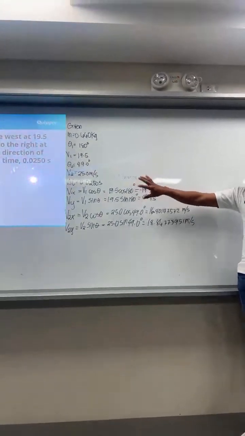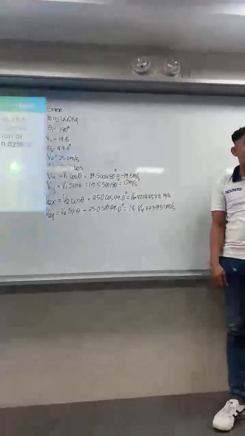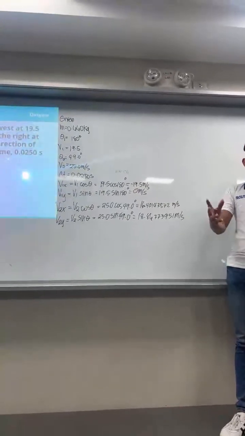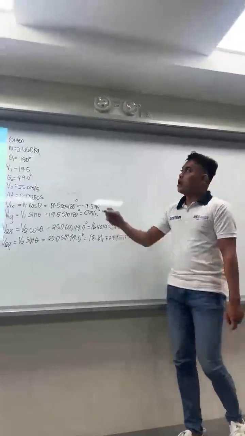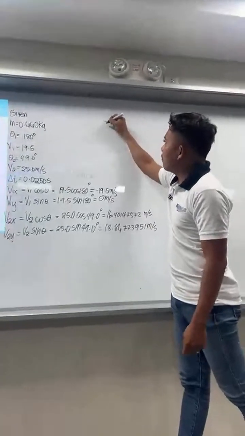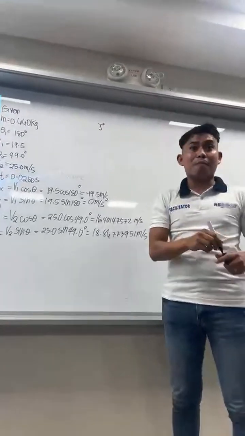After getting the x and y components of the final velocity and initial velocity, you can proceed to get the impulse of each component. Let's have the impulse of x.